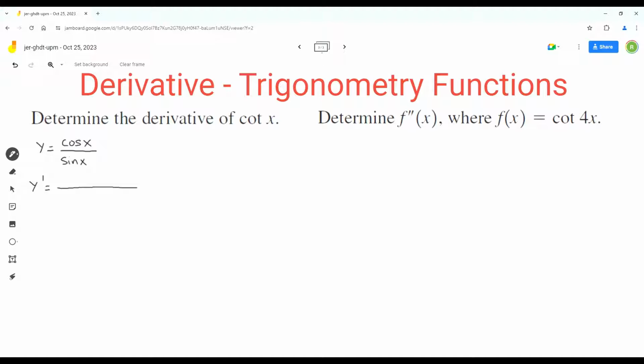The numerator is cosine x and the derivative of cosine x is negative sine x, times the denominator, which is sine x, minus the numerator expression times the derivative of the denominator, and the denominator is sine x and the derivative of sine x is cos x, over the square of the denominator, which will be sine square x.